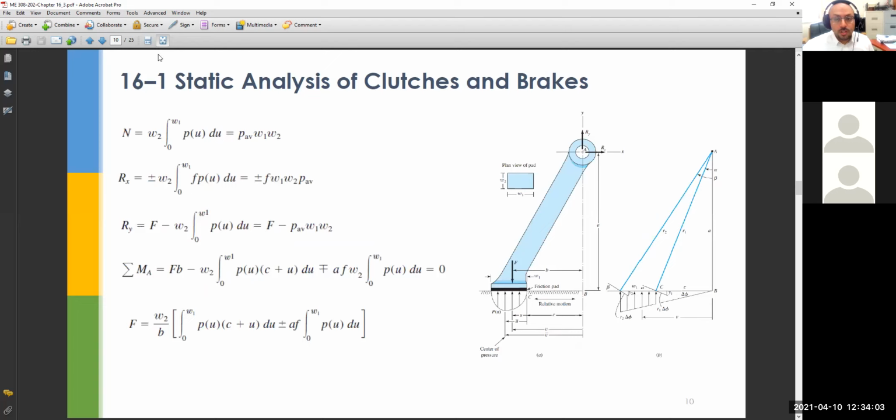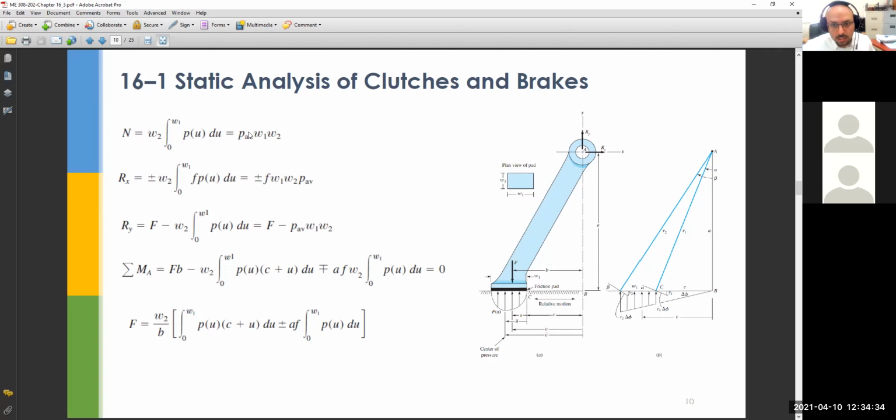Now, for your knowledge, I want to tell you something. This may look scary, but it isn't. In the book, the book derived what I showed you in simple terms in an integral form, assuming that the pressure has a distribution. But just to remind you, remember N, we said the normal force equals P small a multiplied by the area.